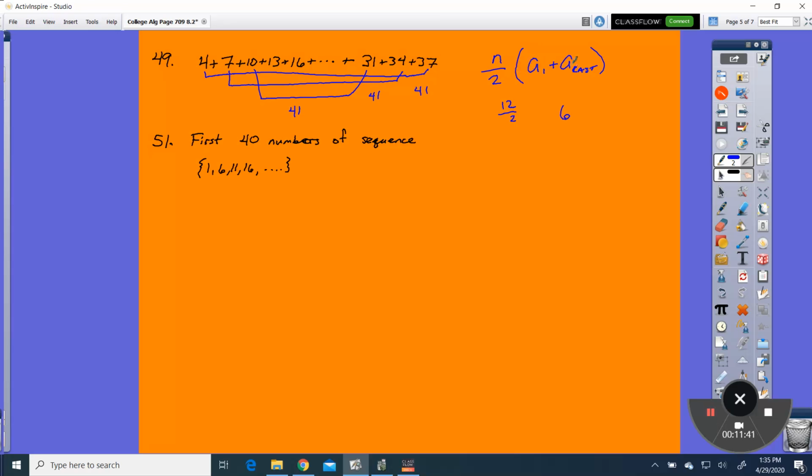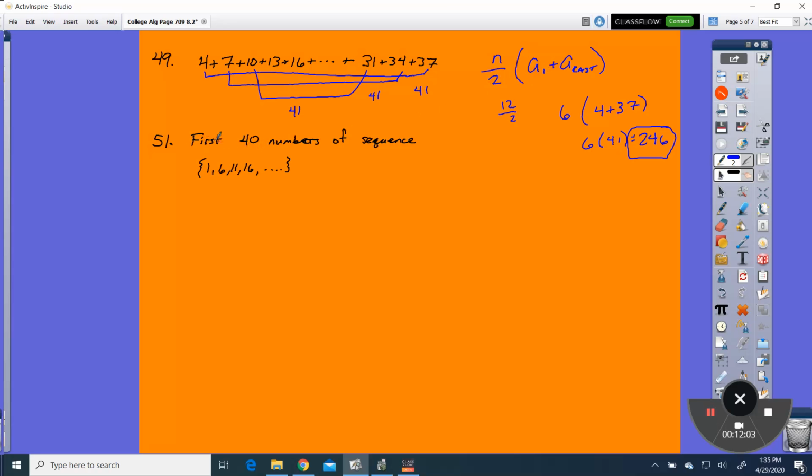So once I figure out what the first and the last added together, it works that way all the way down. So 4 plus 37, that will be my answer. Okay. So like I said, if you want to add them all together, go for it. Whatever you want to do.